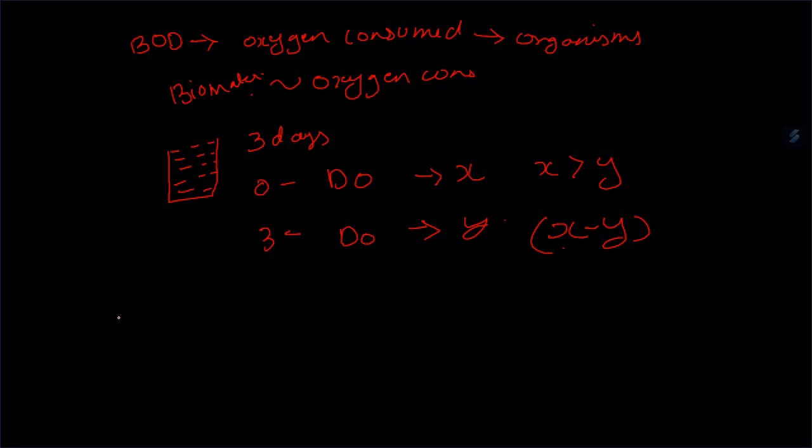Now a valid question will definitely come in your mind: why, even in the document, is it mentioned 3 days, and why not 7 days or 10 days? For that we need to understand a simple graph. Let me move ahead. If I plot this graph, this is my x axis, which is time, and my y axis is the oxygen demand.